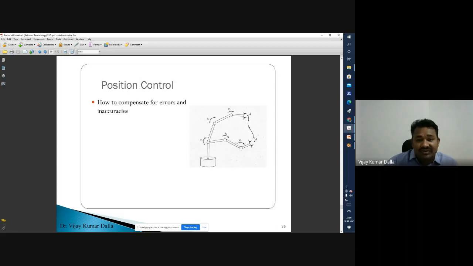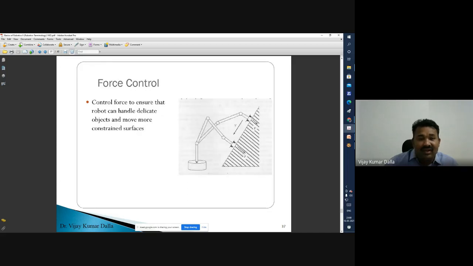Now, position control means how to position the tool at the accurate location. Force control, like painting or drilling on a surface: we need to also take care of force, or it will damage the surface.